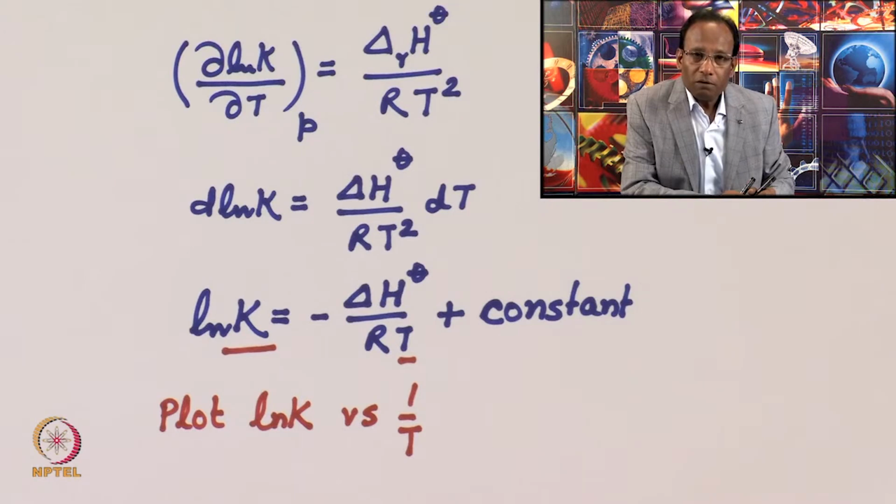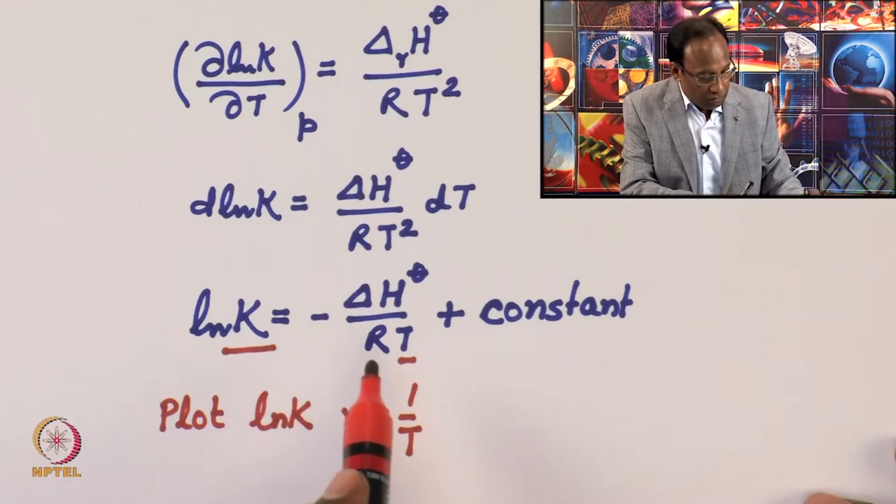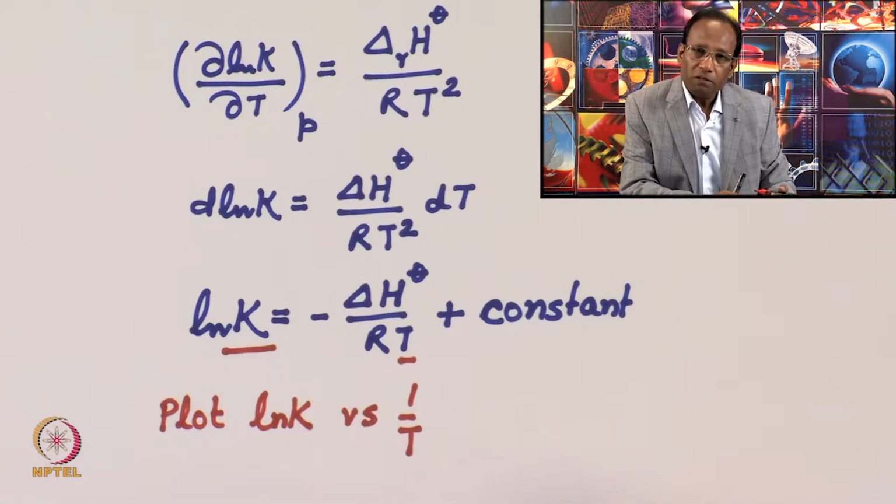One thing to be remembered while we are solving this type of question is that we have to know whether the reaction enthalpy depends upon temperature or not. Usually, when the temperature range is small, we safely assume that the reaction enthalpy is independent of temperature.